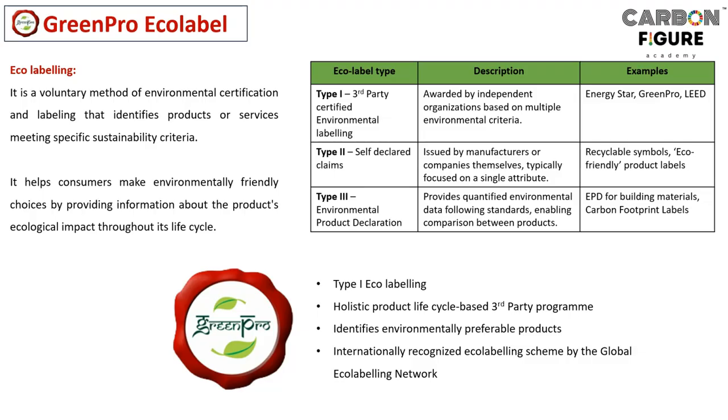It typically comes for Type 1, but still I would say any ecolabelling concept like Type 1, 2 or 3 is not at all a certificate. They are just disclosing their predefined environmental impacts happening because of that particular product, right? We don't want to jump into deeper concepts.